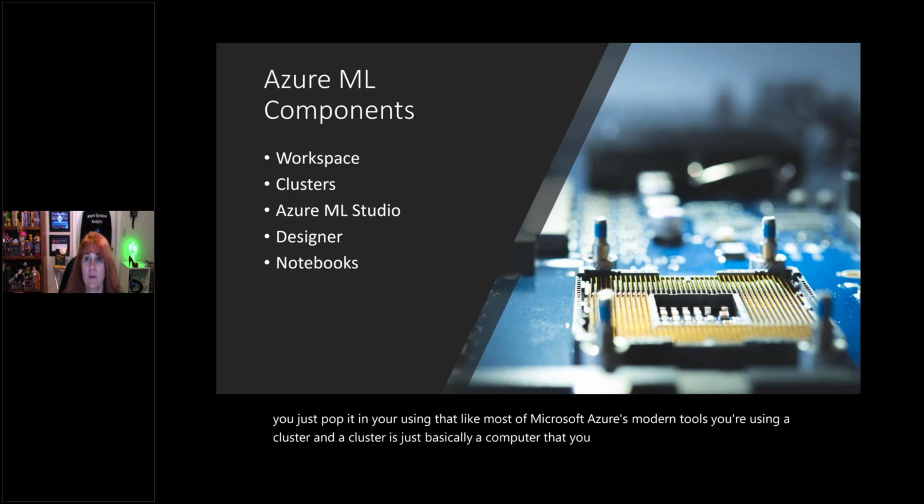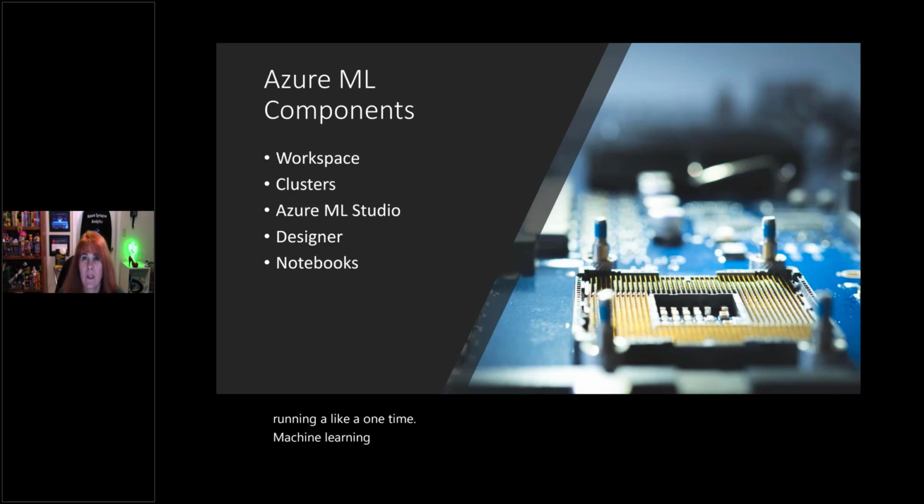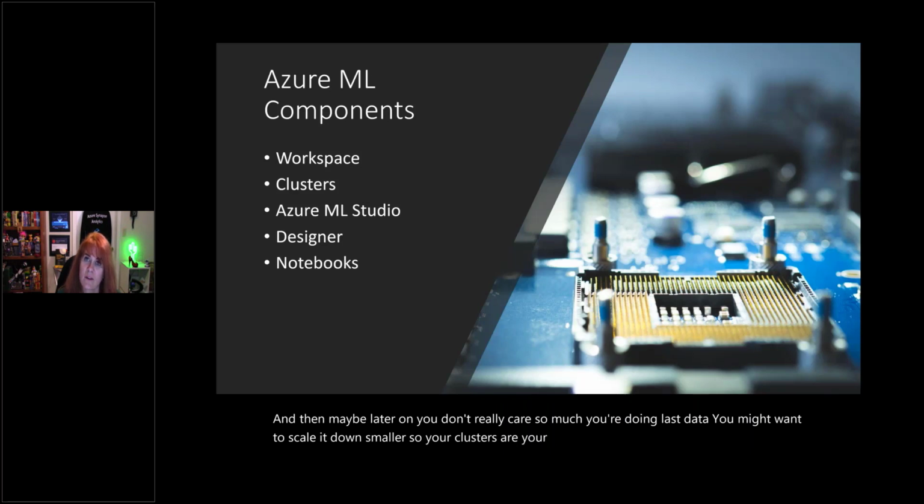For example, if you are running a one-time machine learning analysis on a bunch of historical data, you might want a massively huge machine because you're in a hurry. And then maybe later on, you don't really care so much, you're doing less data, you might want to scale it down smaller. So your clusters are your compute, which you can scale, and those, of course, are completely independent of your code.